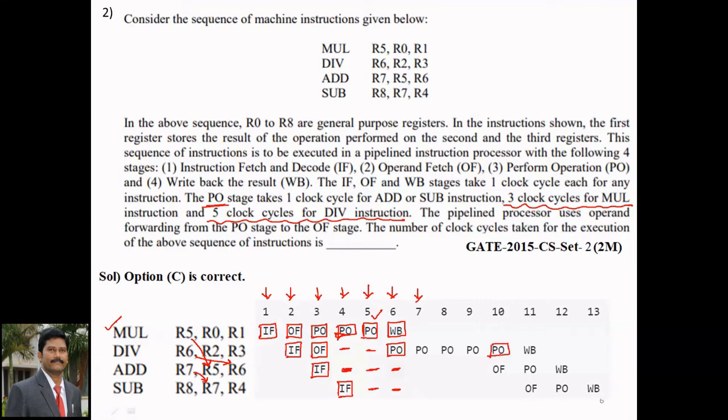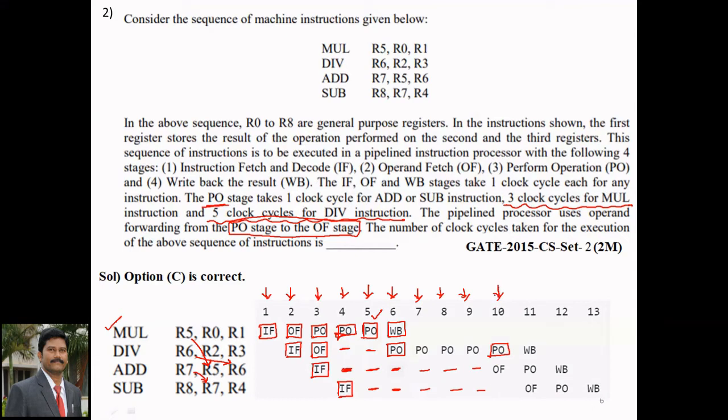Until PO completes, this OF stage should not start, because the data is available at the PO stage after the PO. See here, the operand forwarding from PO stage to OF stage. This is called operand forwarding. So clock cycle 8, clock cycle 9, clock cycle 10, it has to wait. And this also has to wait until the PO operation of the add instruction.